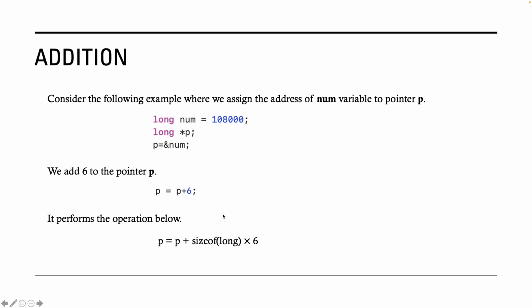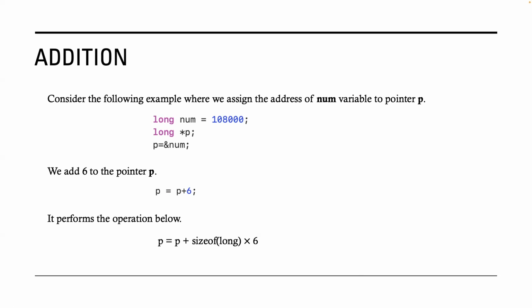If p is a numerical value, then we just add 6, but it does not work that way with pointers. So p plus 6 in this case is p plus size of the data type times 6.